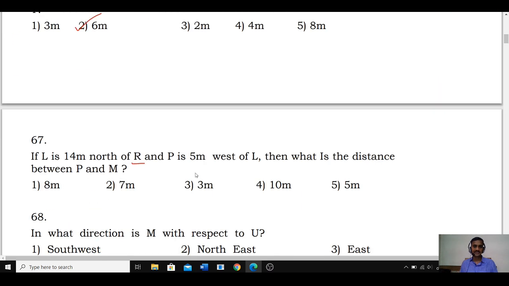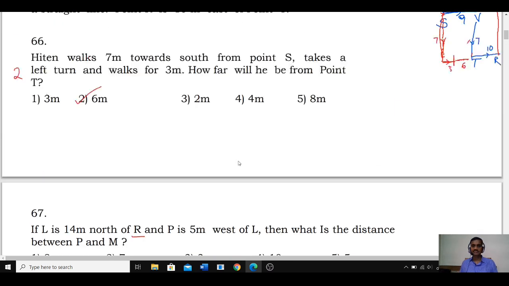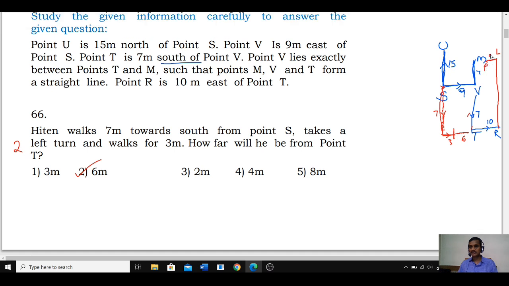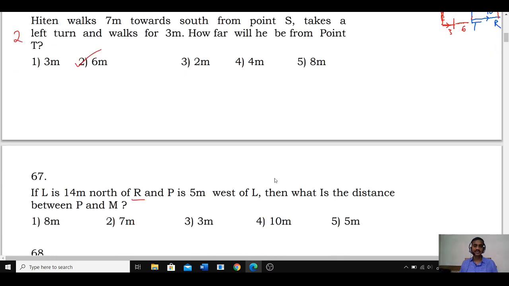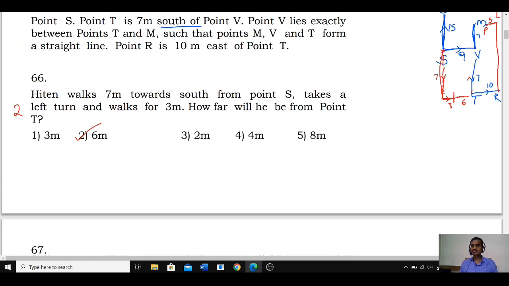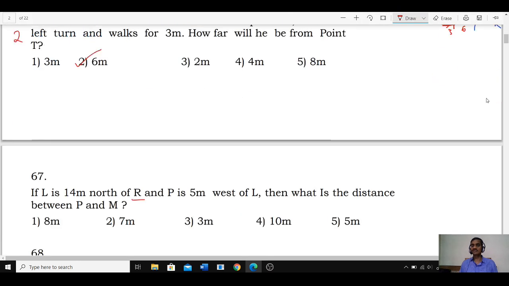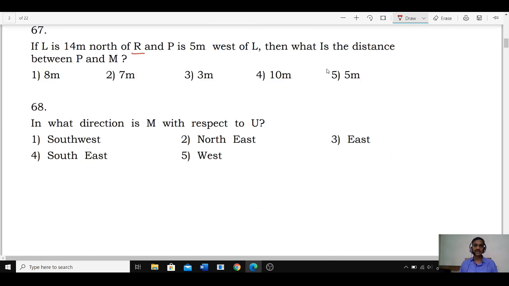And at the same time, P is 5 meters to the west of L. Now from here, P is 5 meters to the west of L, so P must be at this place. He covered 5 meters. Out of this 10, this person has covered 5. Then what is the distance between P and M? Tell me the leftover distance. Out of this 10, this person has covered only 5. Leftover will be 10 minus 5, 5 meters, choice 5.